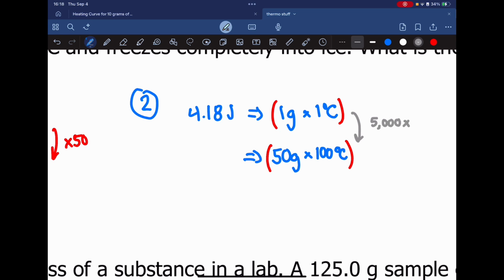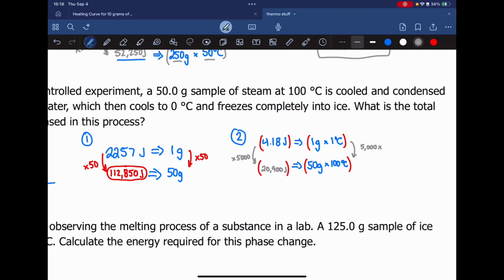So since that is the scale factor here, I can use the same scale factor on the other side. 4.18 times 5,000. And I'll get 20,900 joules as my answer for step number 2.